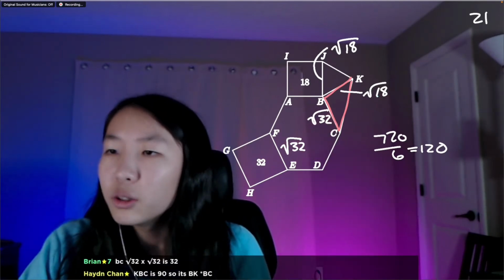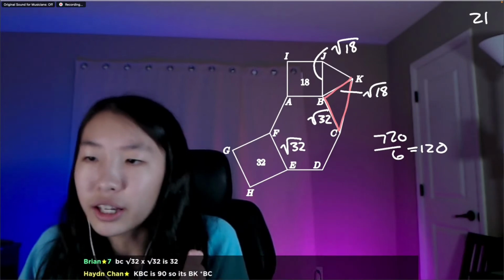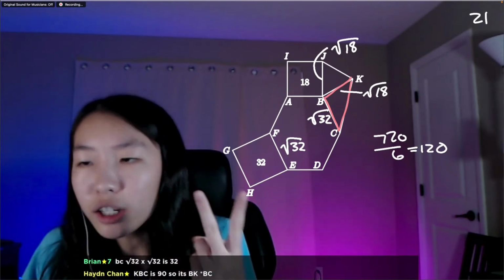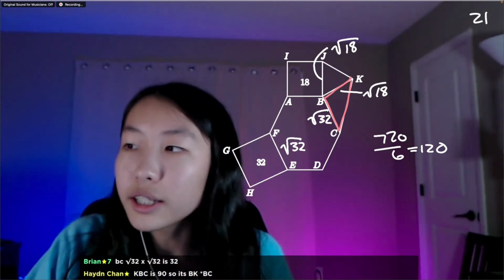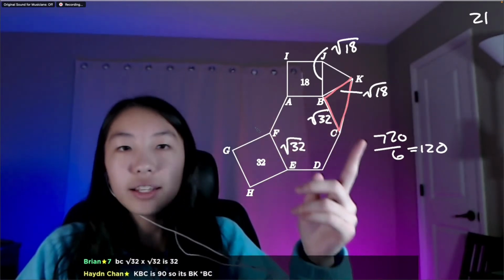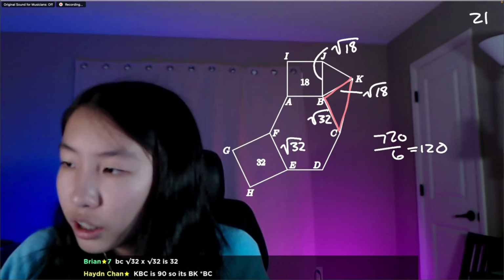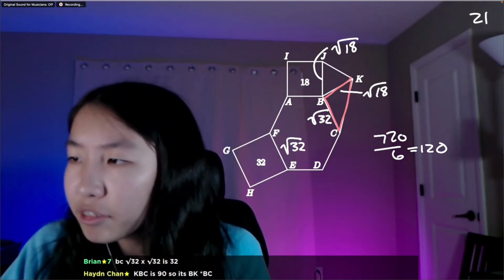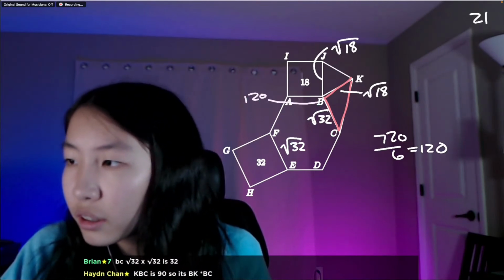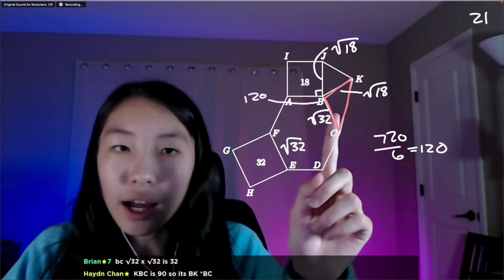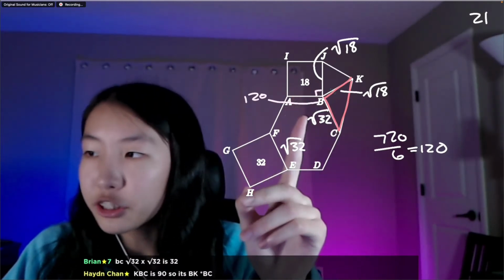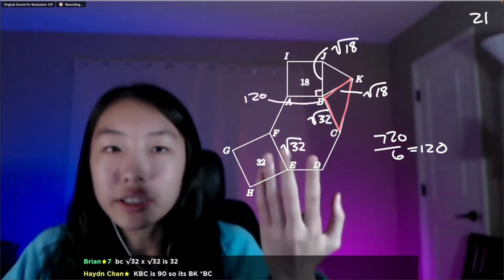And so now we had some discussion in the chat by RC and Brian talking about KBC being a special triangle. And that's kind of why I asked about the angle before. Notice that, if we have each angle being 120, what do we know? Well, IBJ, A is a square, so that's 90.